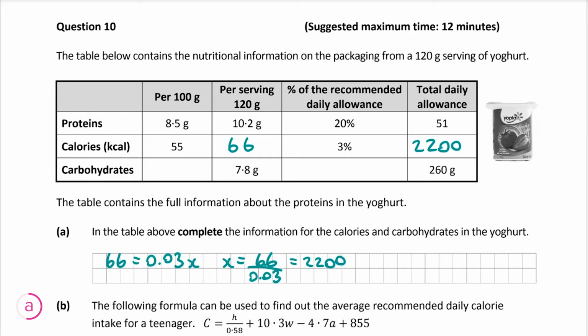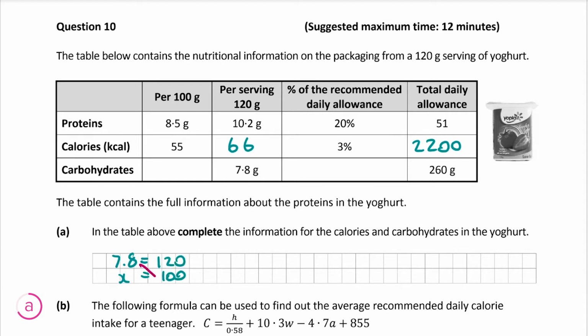Now the next piece of information we need to find is the amount of carbohydrates in 100 grams of yogurt. We already know that there are 7.8 grams of carbohydrates in 120 grams, so we can use this to find the amount of carbohydrates per 100 grams. So once again, this is a case of cross multiplication, since we can write 7.8 is equal to 120, which means x is equal to 100.